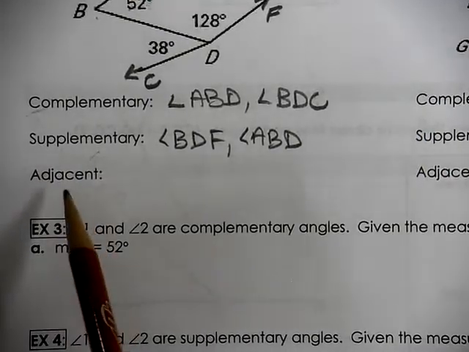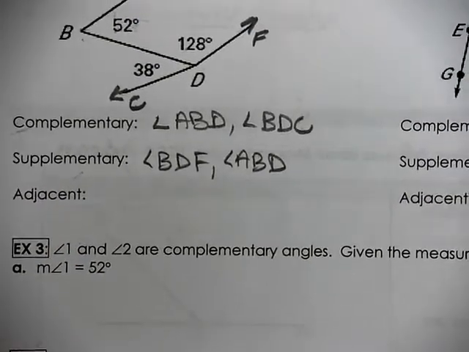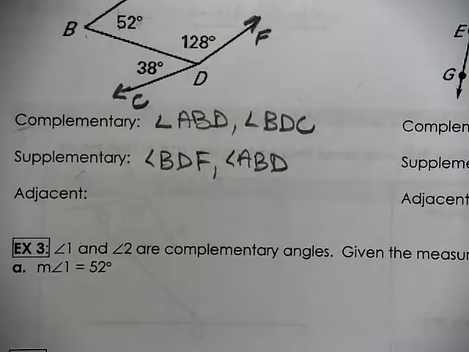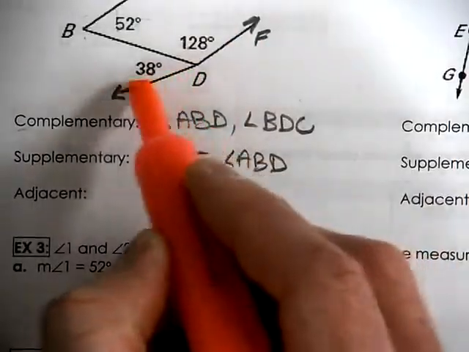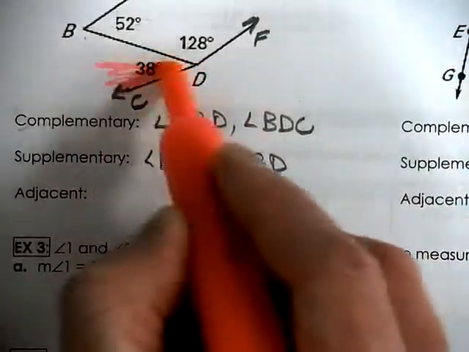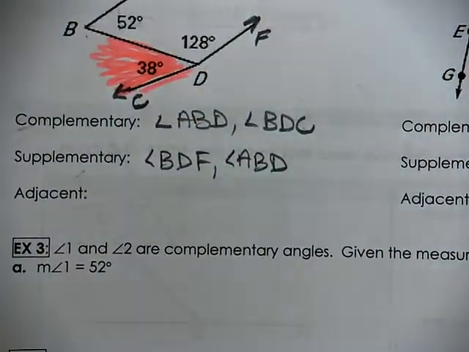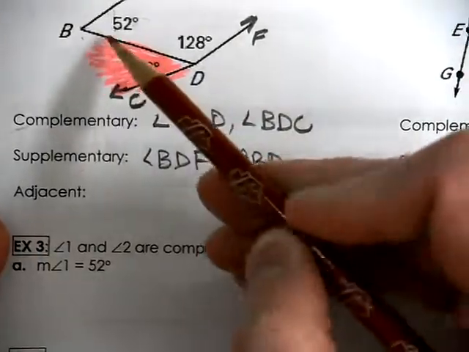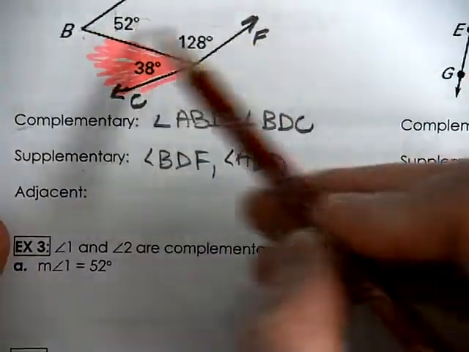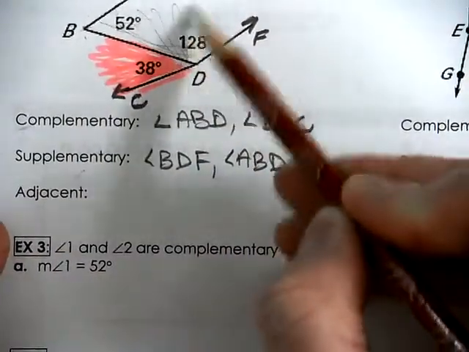Next, we're looking for adjacent angles. Two angles that have the same vertex. For example, here from CD to B, we have angle CDB that's opening up that way. And angle BDF that's opening up this way.